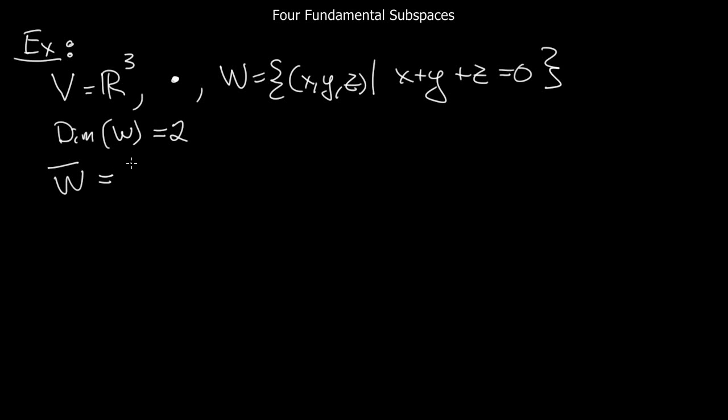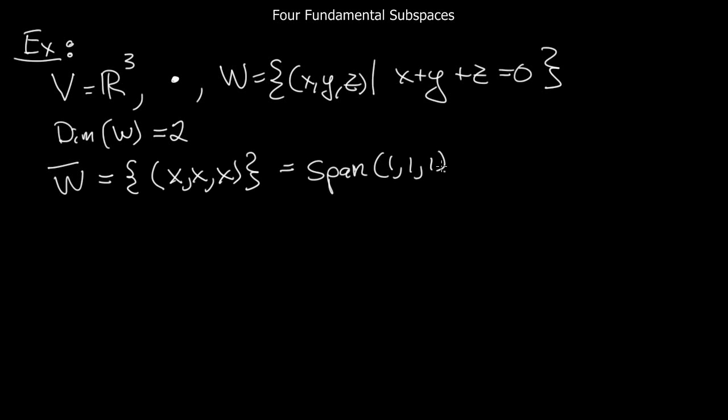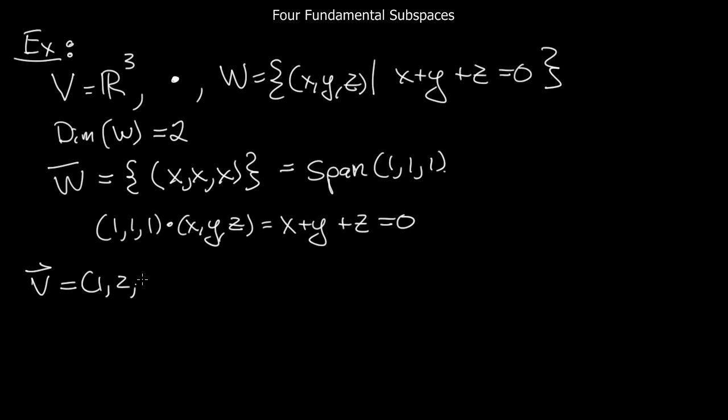And W perp, this is a misprint here, this W bar is meant to say W perp, is the span of the vector 1, 1, 1. That is to say, if you take the vector 1, 1, 1 and dot it with a vector x, y, z, what you get is x plus y plus z. So if that vector is in W, x plus y plus z is equal to 0, and this is W perp. So W is two-dimensional, W perp is one-dimensional.